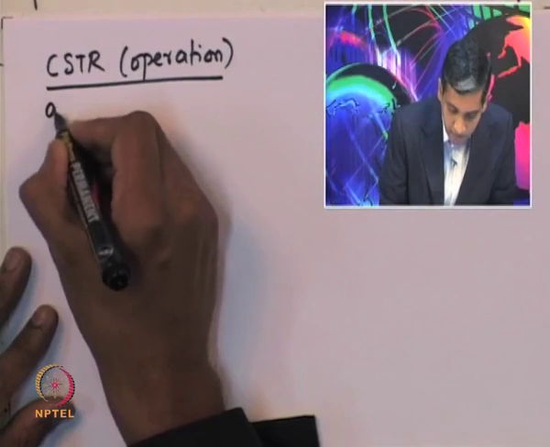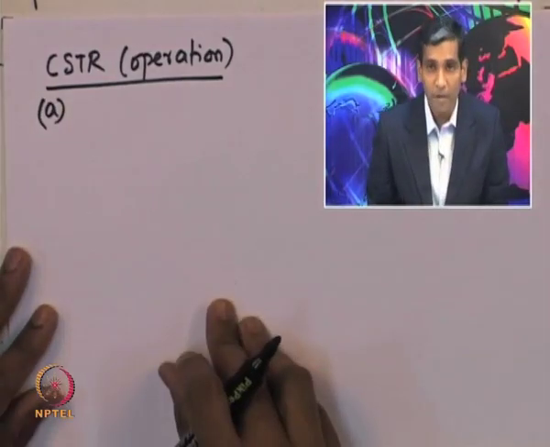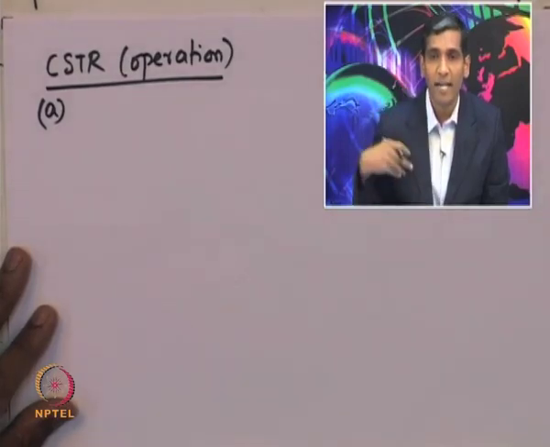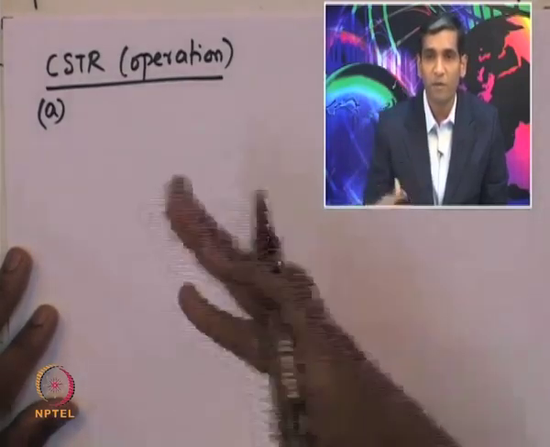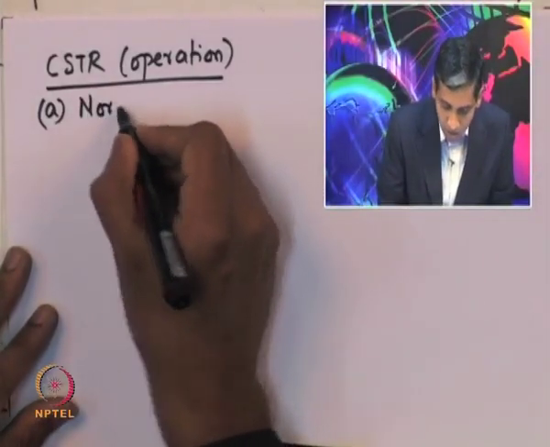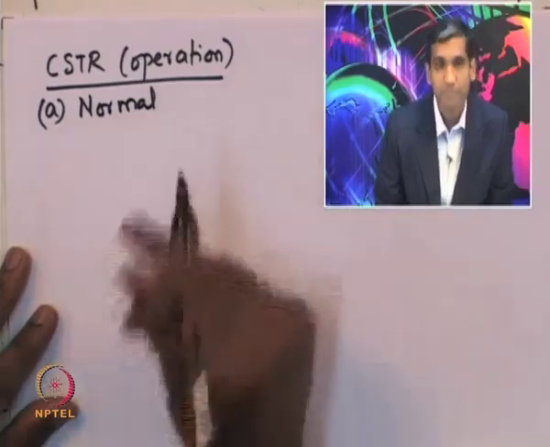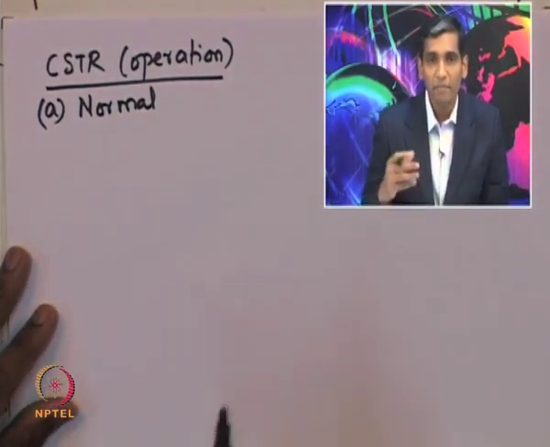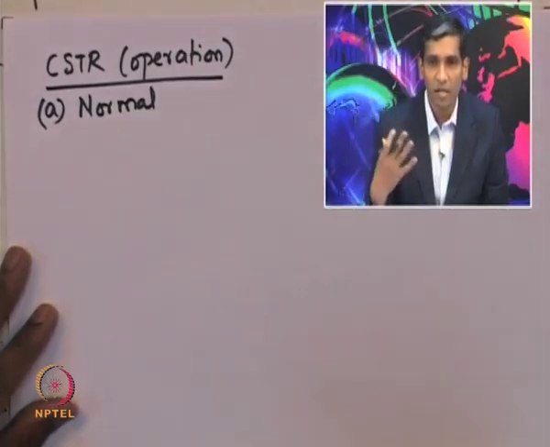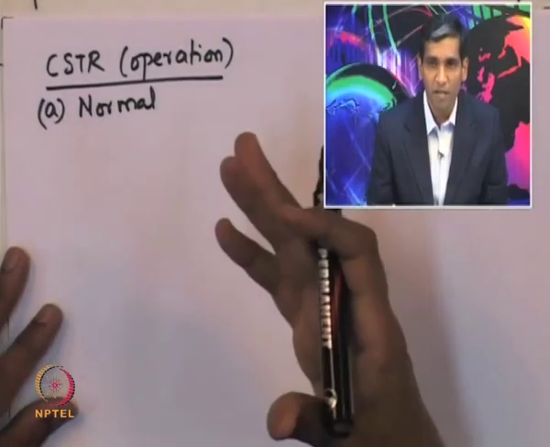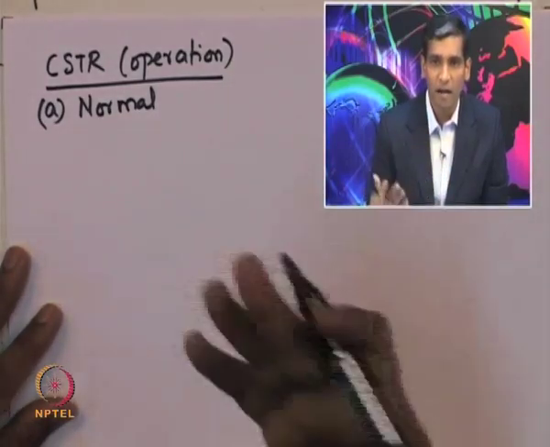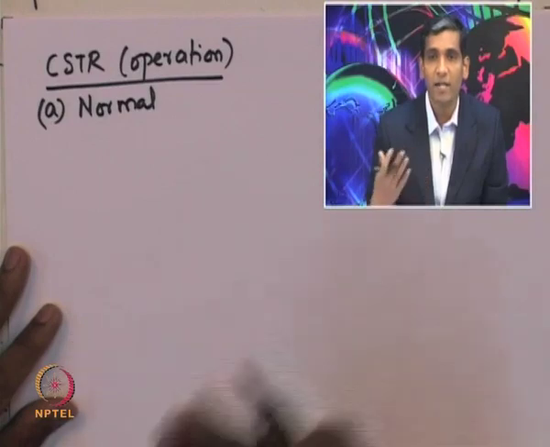So, there are three modes of operation. Suppose there is a real reactor whose volume is known, and the volumetric flow rate with which the fluid is flowing through the reactor is known. Then one could look at what is called the normal operation, where it behaves like an ideal CSTR, where all locations in the reactor are available for the reaction, which means there are no dead zones where the reaction does not happen.